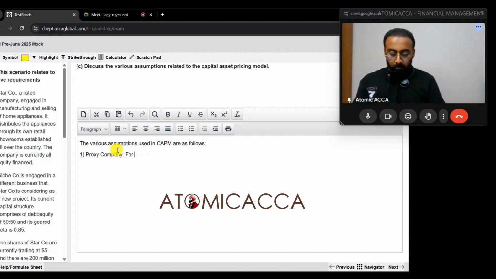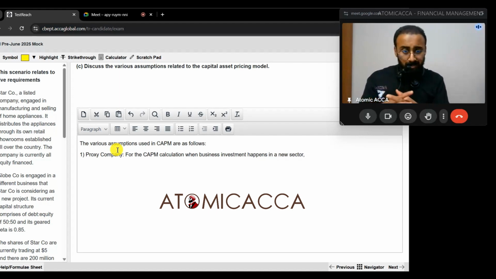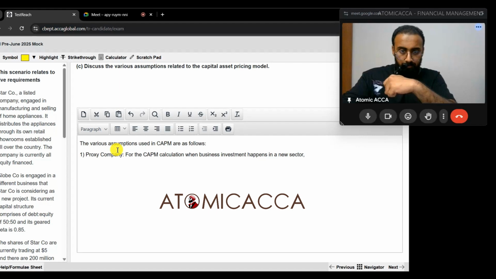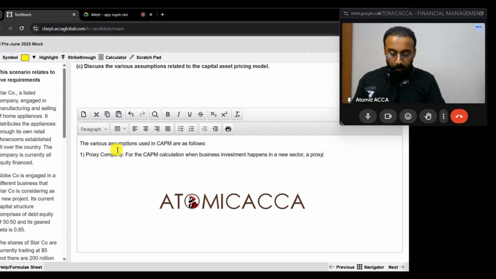Now for the CAPM calculation, when business investment happens in a new sector, a proxy company is utilized.